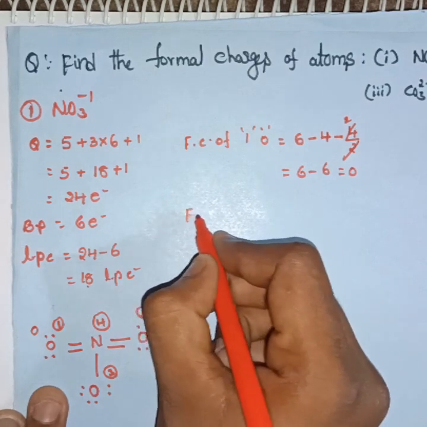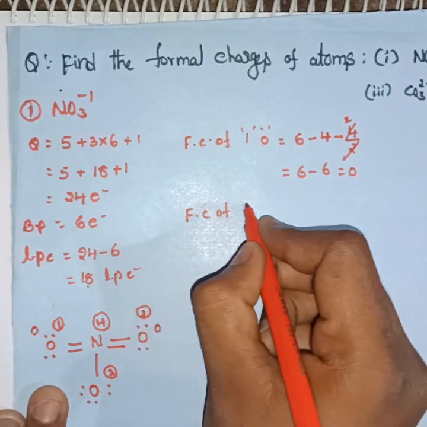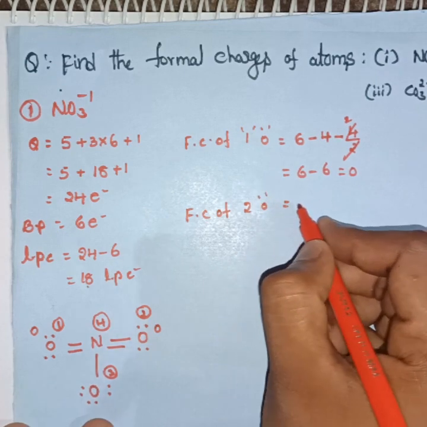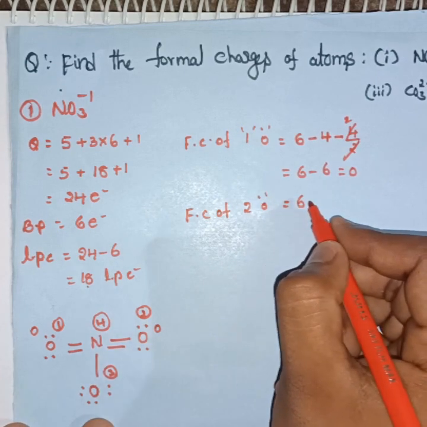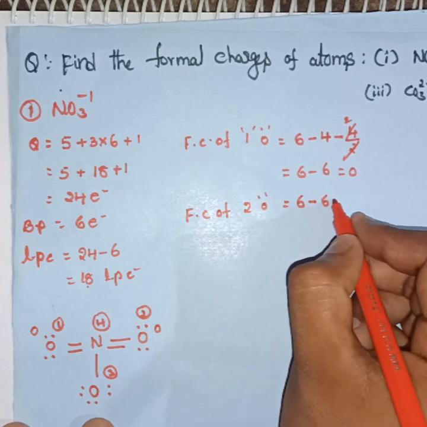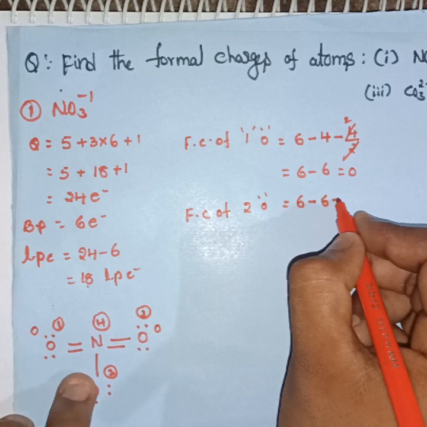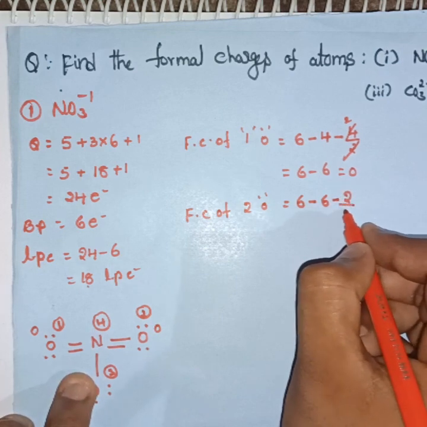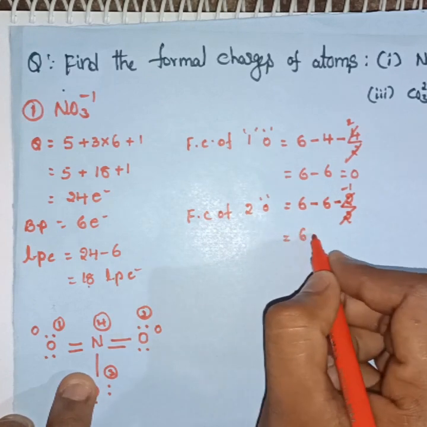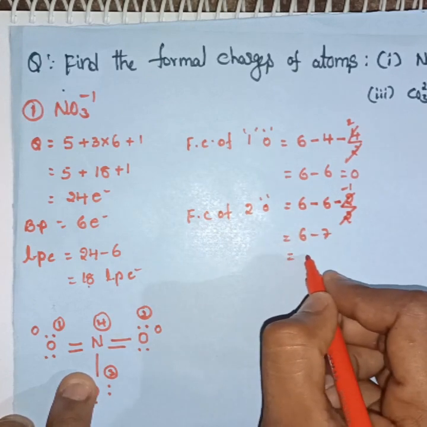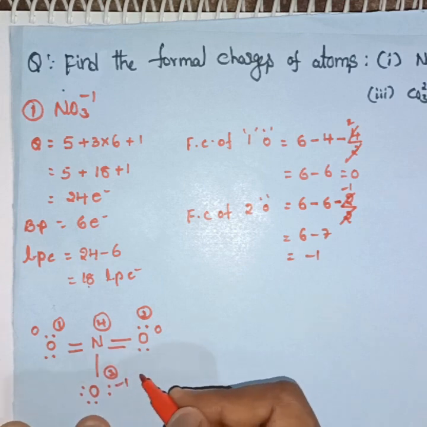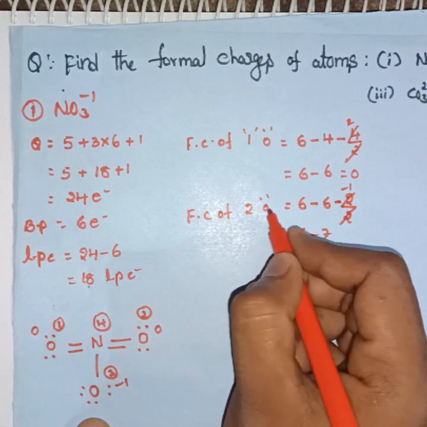Let's find out the formal charge of the third oxygen atom. That is, the number of valence electrons in the oxygen atom 6 minus number of lone pair electrons 6 minus number of bonding electrons 2 by 2. That is minus 1. There you get 6 minus 7 is equal to minus 1, the charge on the third oxygen atom.